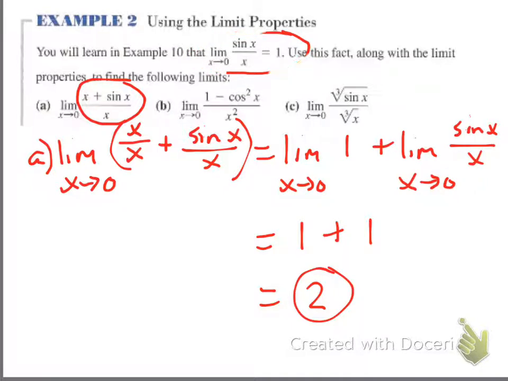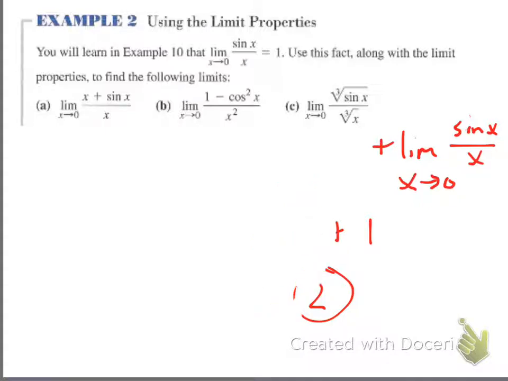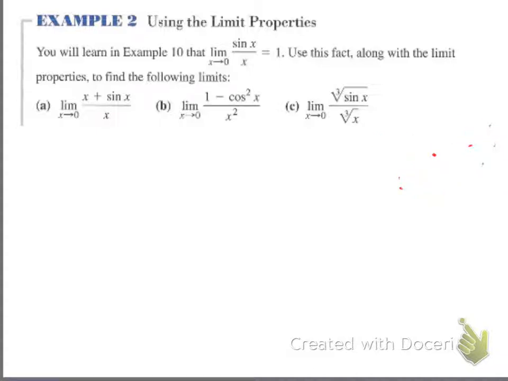Now I have to erase all this. Now next, we have the limit as x approaches 0 of (1 minus cosine squared x) over x squared.